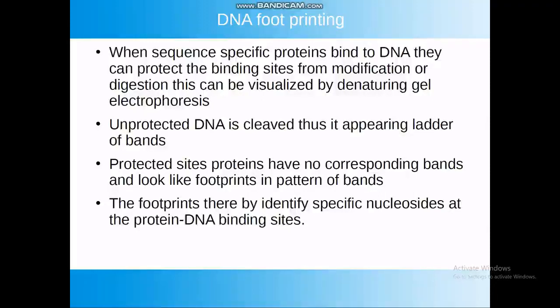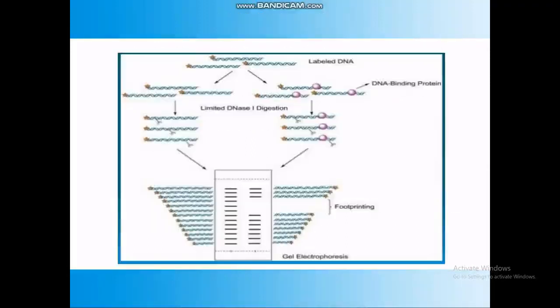The unprotected DNA is cleaved, thus appearing as a ladder of bands, whereas the protected sites have no corresponding bands and look like footprints in the pattern of bands. The footprints thereby identify specific nucleosides at the protein-DNA binding sites.